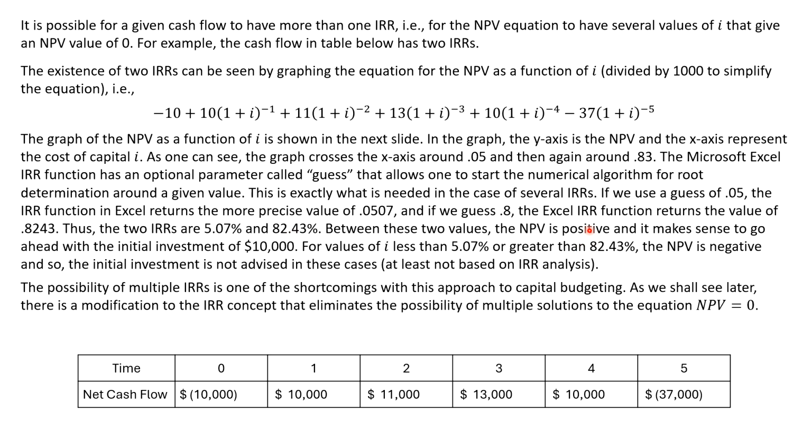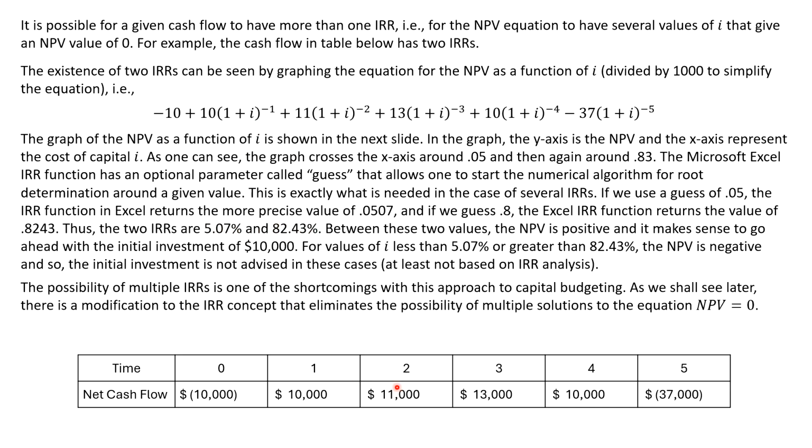And the Excel IRR function asks you to make a guess in terms of what the IRR would be. So depending on your guess, you're going to get either this one or that one, this larger value here. And it's basically problematic that you're not sure which way to go here, especially as these are so far apart.